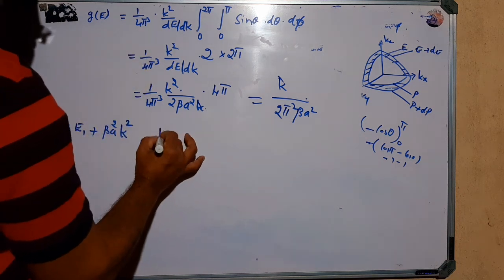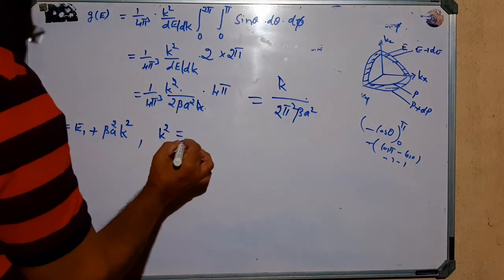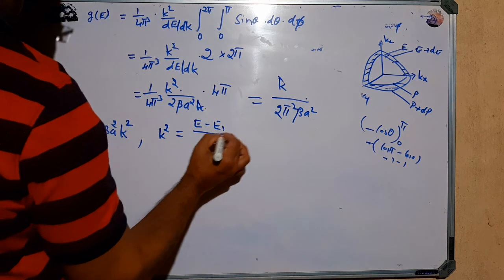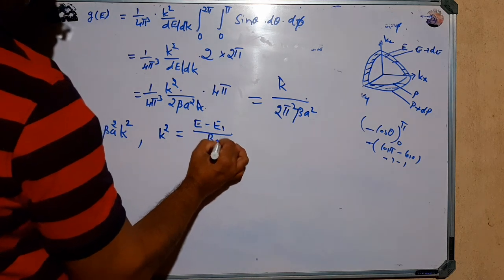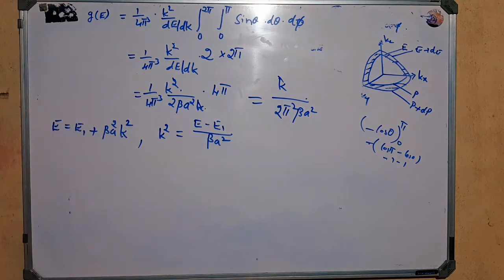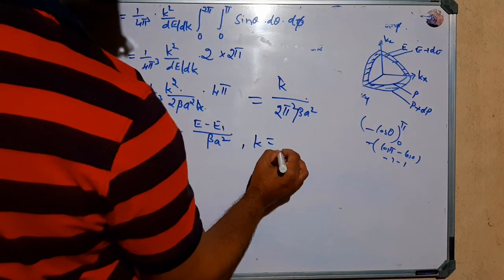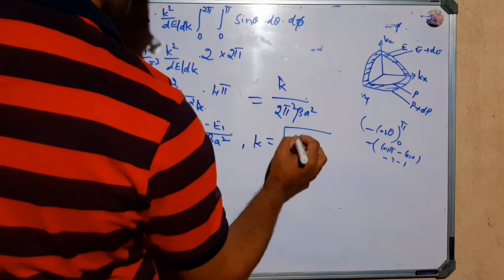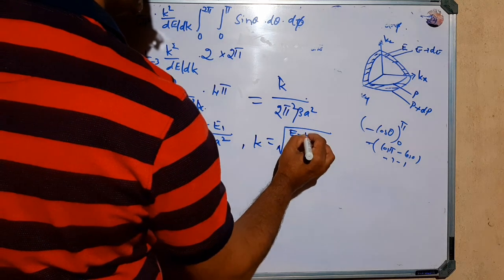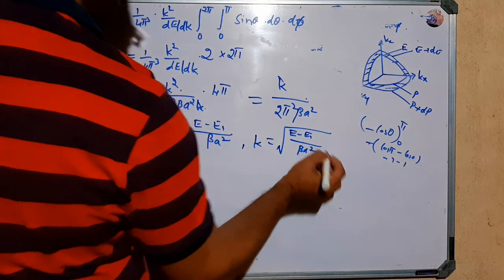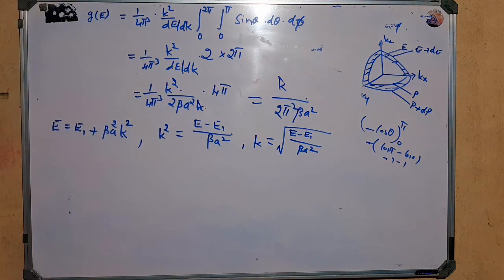So therefore k square is equal to E minus E1 divided by beta a square, right? So k is equal to square root of this. So therefore square root of E minus E1 divided by beta a square, right?